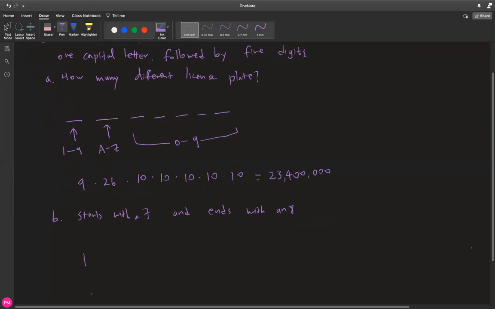So we only have one choice in the first place. For the second place, we don't really have any restrictions, so we still have 26. And for the following 4 digits, we have no restrictions, so we have 10, 10, 10, and 10. But for the last one, it has to be 8, so we only have one choice. And by the multiplication rule, you simply multiply all that, and that's going to be 260,000 different ways.